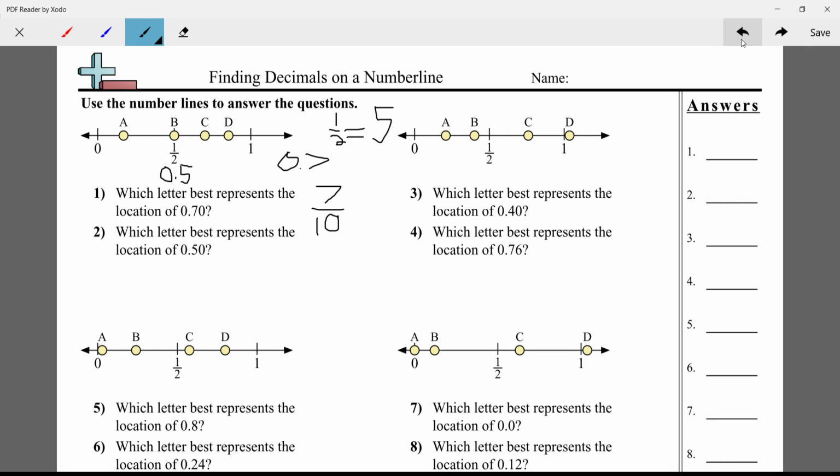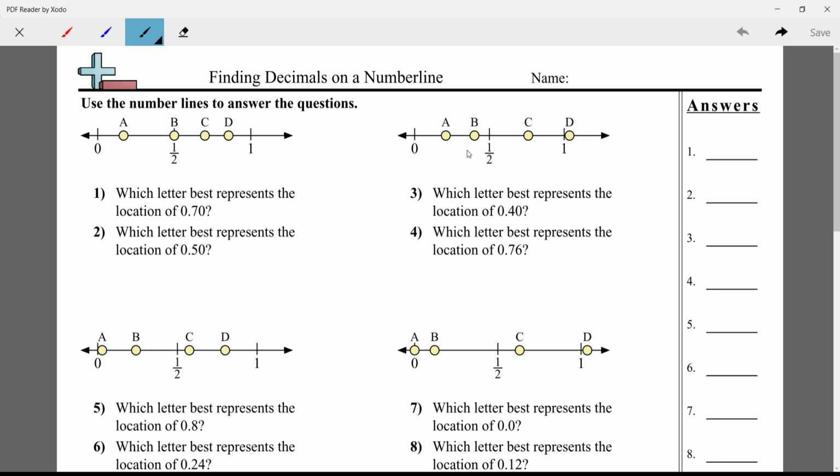All right, so let's look at number 2 now. This one right here says, which letter best represents the location of 4 tenths? Okay, and which letter best represents the location of 76 hundredths? So we can think about this as the same thing. So we know that 1/2 is 0.5, which is 5 tenths, or we can think about it as 51 hundredths.